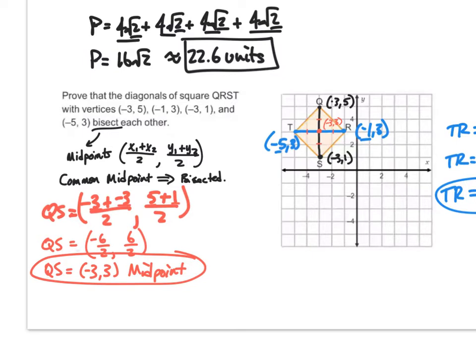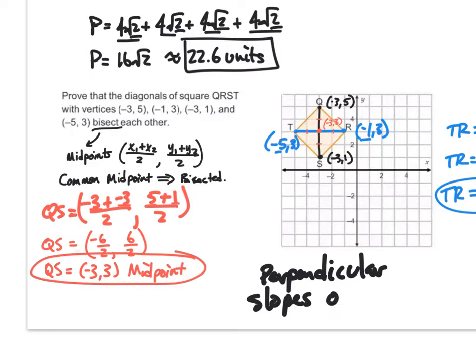Now the other thing that we could do, it didn't ask for perpendicular bisector. If it's asking for perpendicular, then what we know is that the slopes are going to be opposite reciprocals. We know that this slope is undefined. It's vertical. This slope is 0.